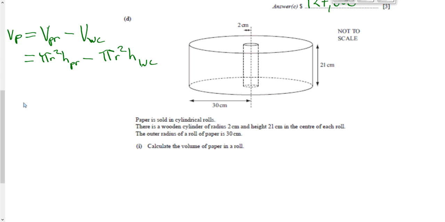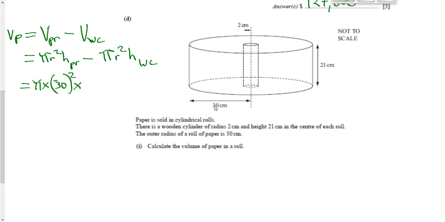So that will be equal to pi times 30 squared times the height.